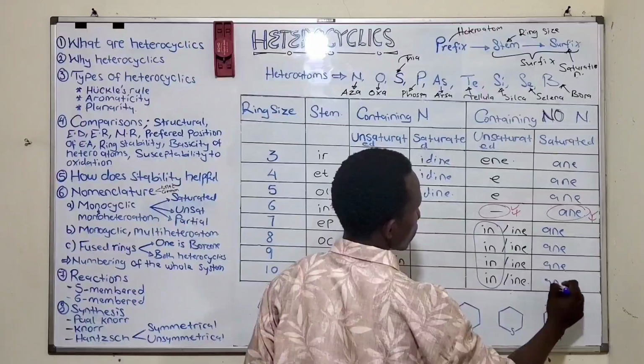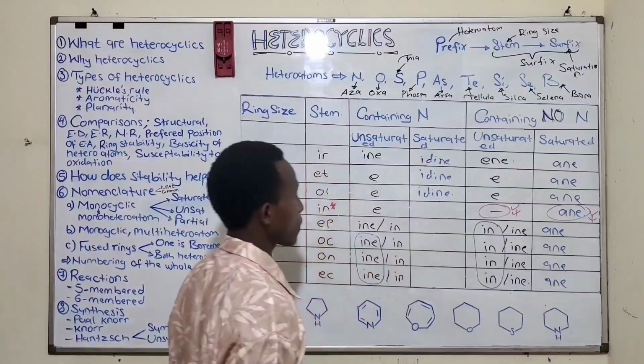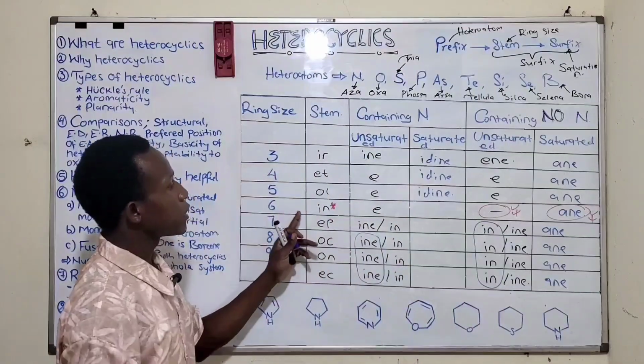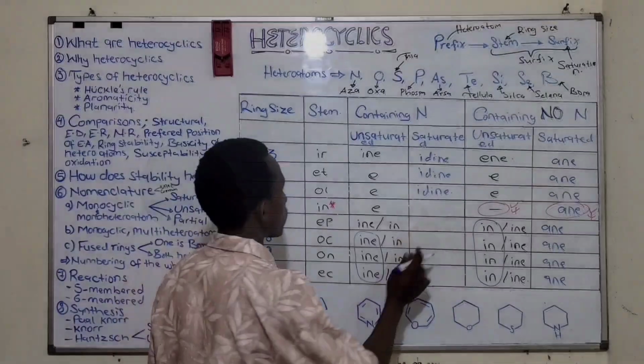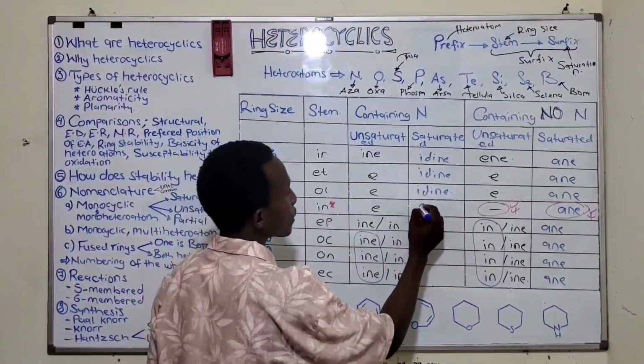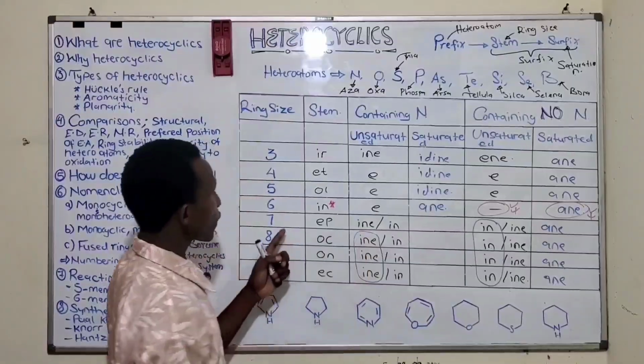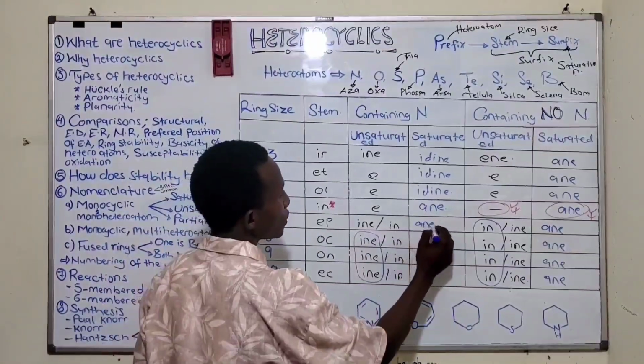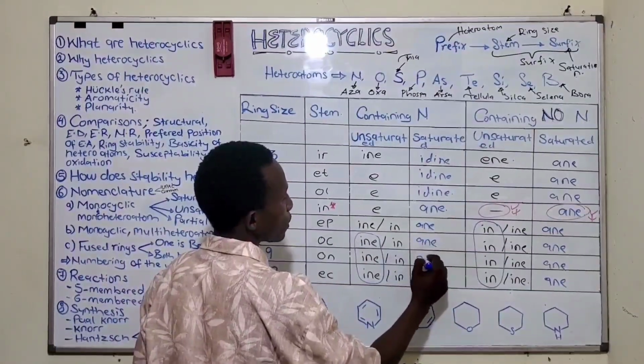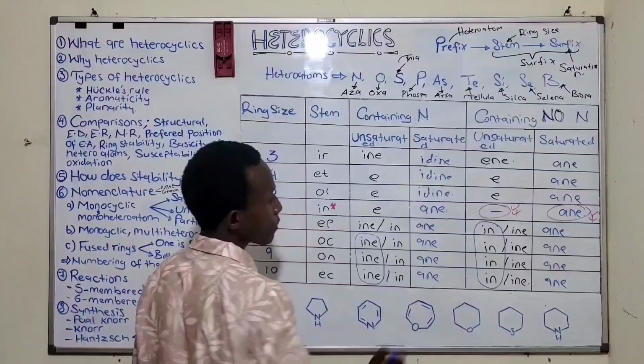ANE, ANE, ANE. Then here, 6-membered is added ANE. Then 7-membered also add ANE.